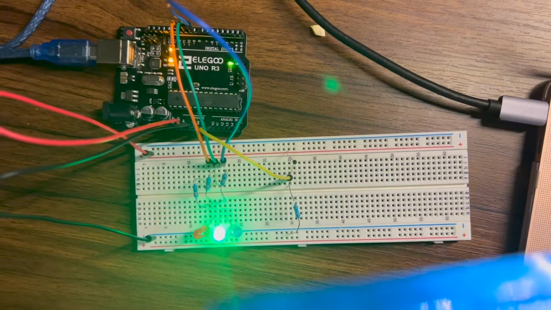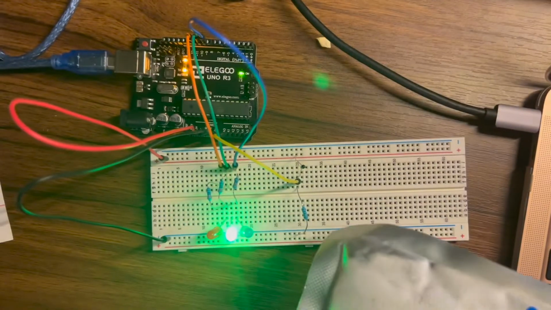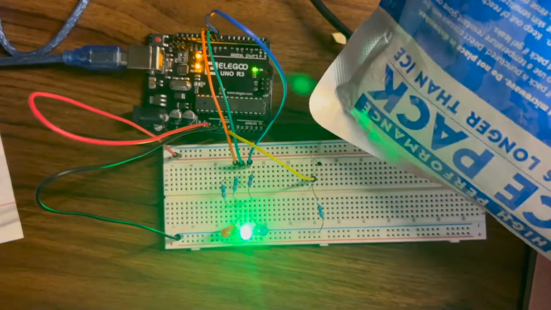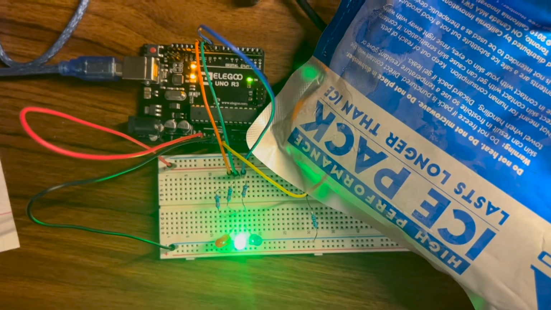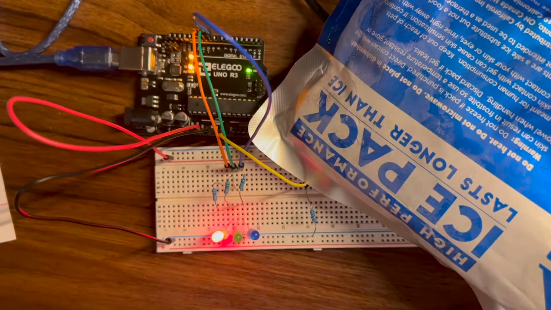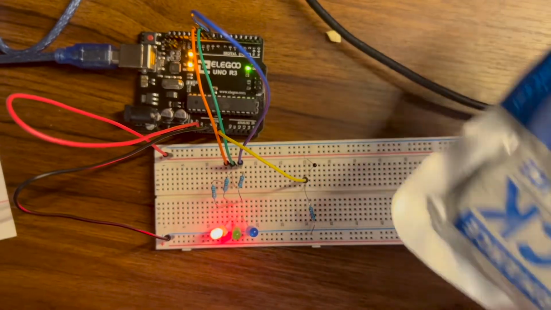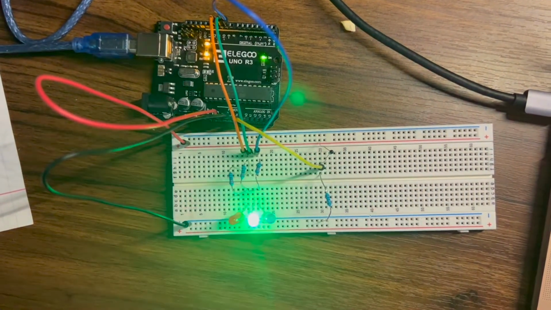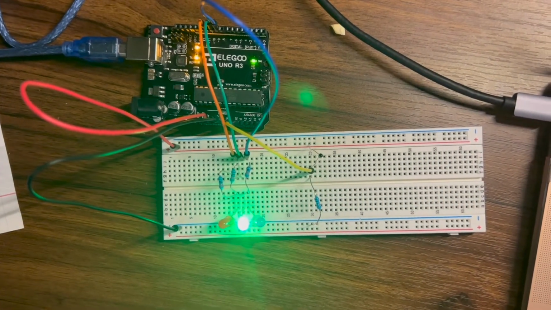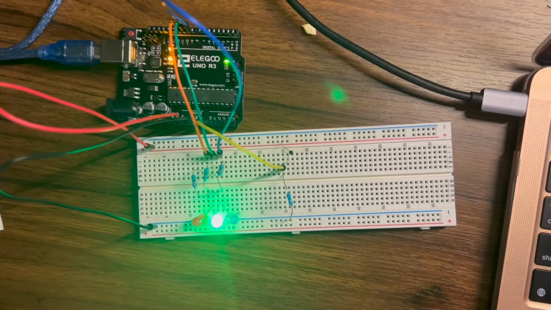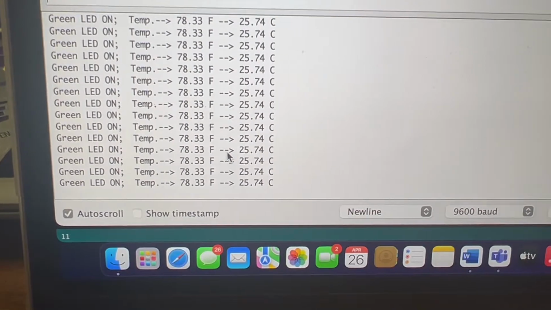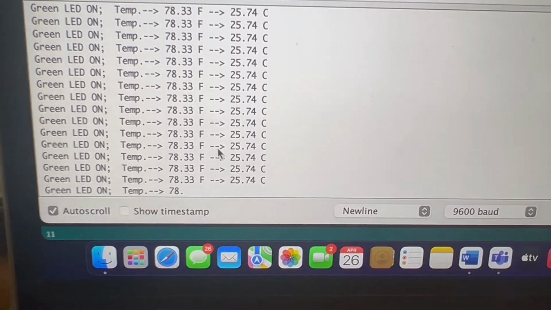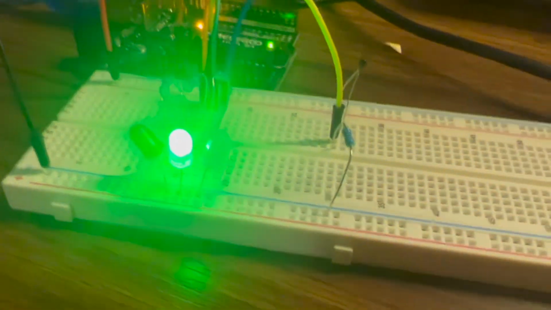Now I have a cold ice pack here, and you will see me apply it to the thermal sensor. As you see, my LED turned red because the thermal sensor sensed that the temperature dropped below 70. To further prove my logic, here you can see that the temperature is 78.3 and my green LED is on.